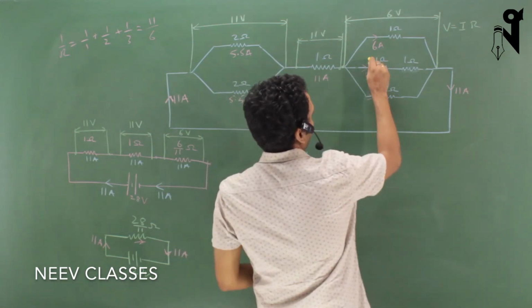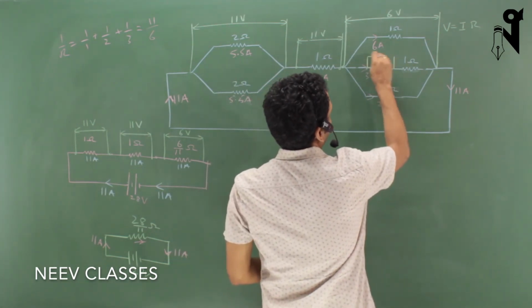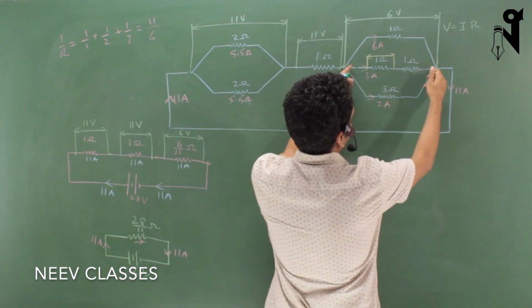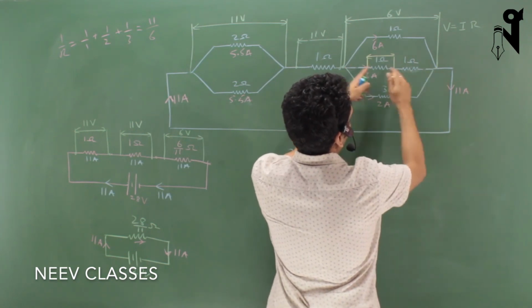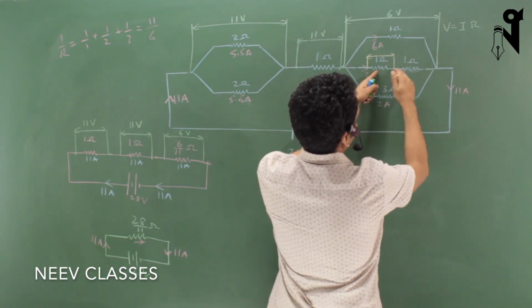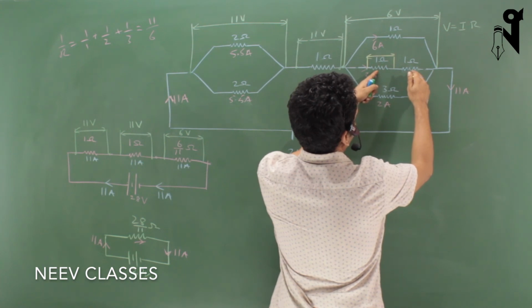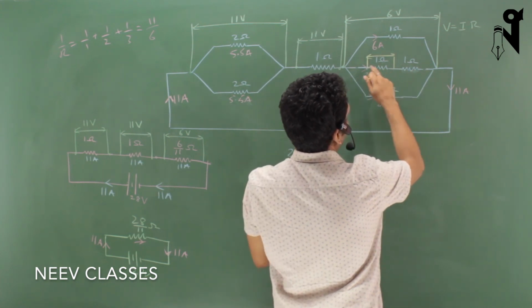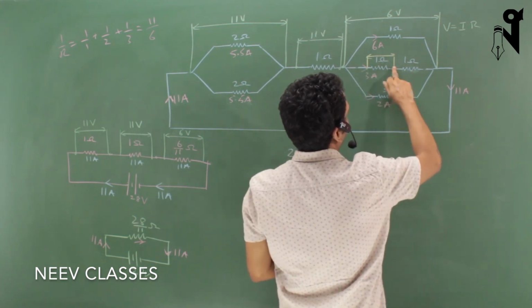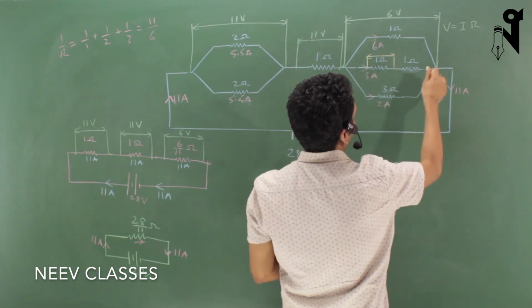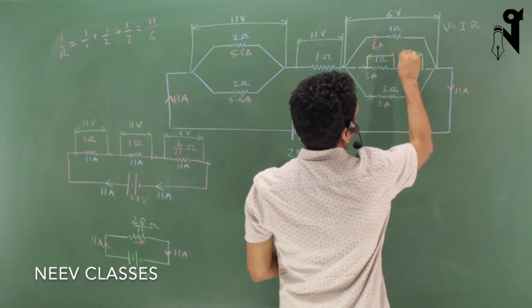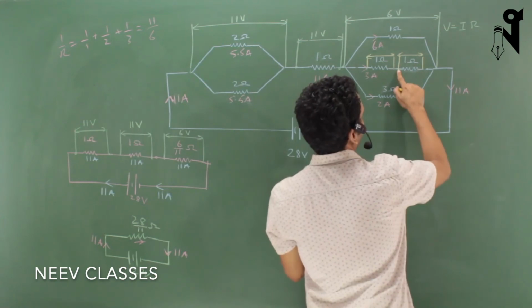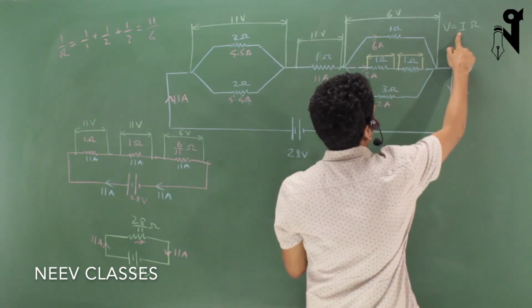So the individual voltage across this would be, this was 6 volts, both are same resistances, so I guess that will have the same drop. It will have a 3 drop here and a 3 drop there, but then we'll make our intuition doubly sure using the formula.